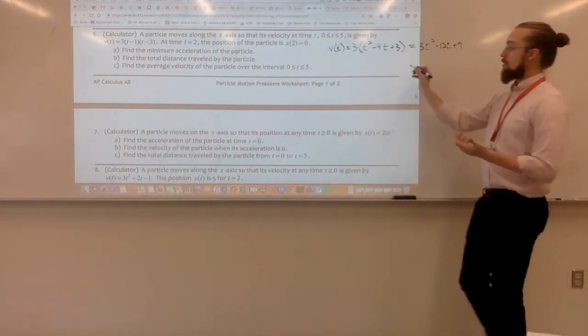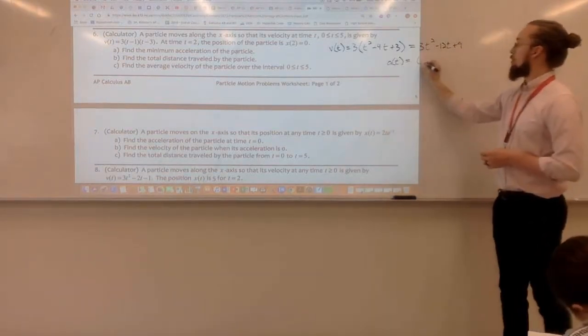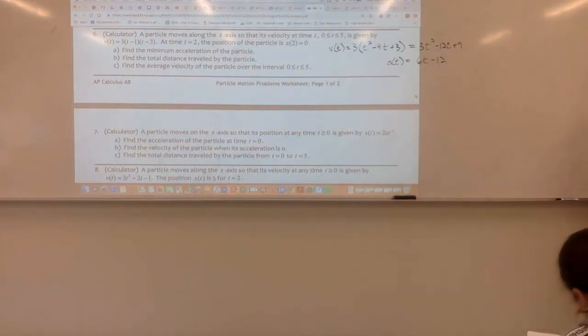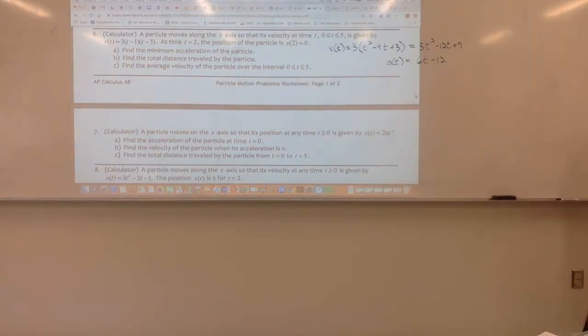So then acceleration would be the derivative. So 6t minus 12. And then you graph this. Sure. You can graph this, or we can just see where it equals 0, for that divided by 2.